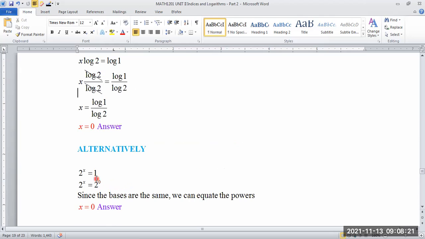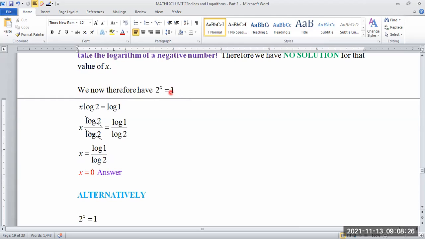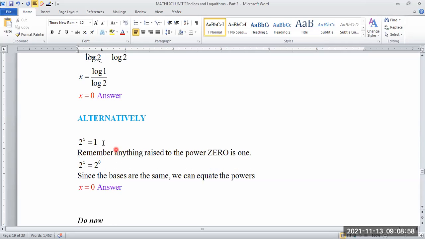You're going to say to me, but sir, 2 to the x equals 1, I can't write this 1 in the same base as 2. Yeah, man. Remember, anything raised to the power 0 is 1. So what I'm going to be doing is to convert this 1 as 2 to the 0.